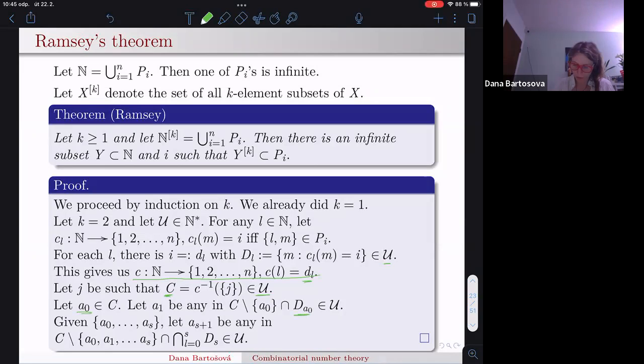So now I'm going to choose something from this DA0, which however is also in C, so that it's going to cohere as we go on. And I don't want repetitions. I don't want to be picking 0 over and over again.